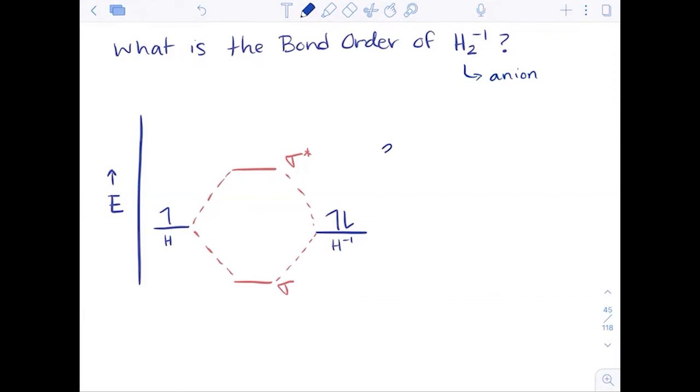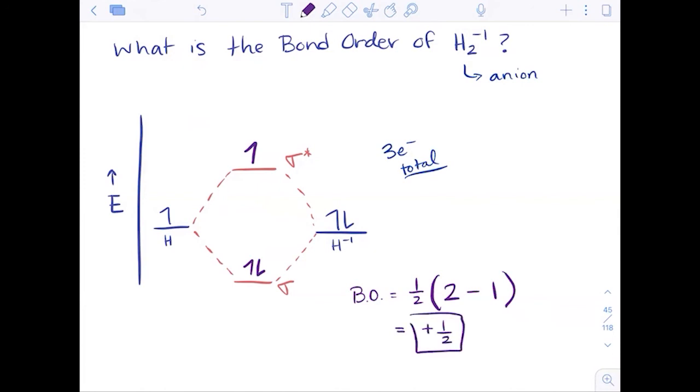So we have 3 electrons total to fill up in the red portion of our MO diagram. Again, we start from the bottom, 1, 2. We have to move up to put that third one in the next orbital. Bond order would be 1/2, 2 electrons in the bonding, 1 electron in the antibonding.